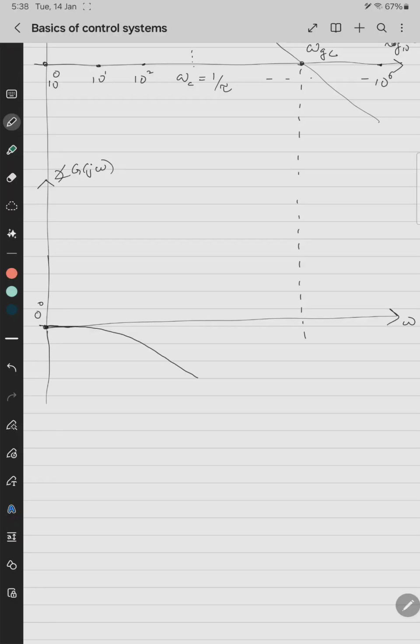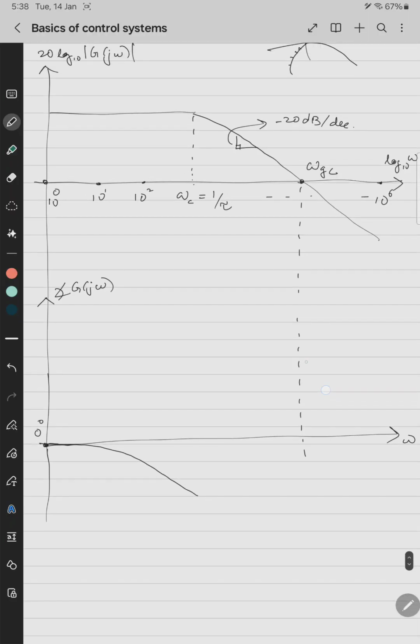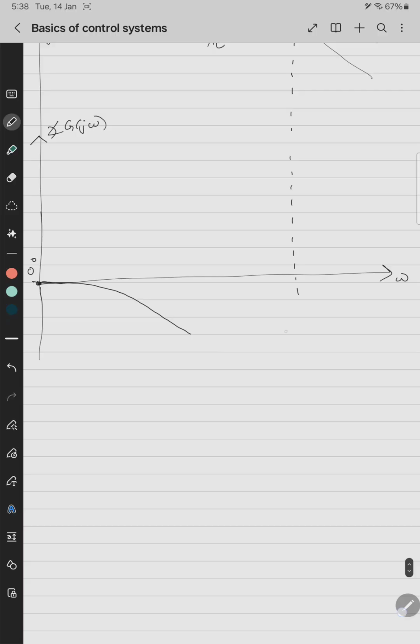So what is the theta? It is 45 degree. So it falls like this. Okay. It falls like this. So this is minus 45 degree, and it goes down.